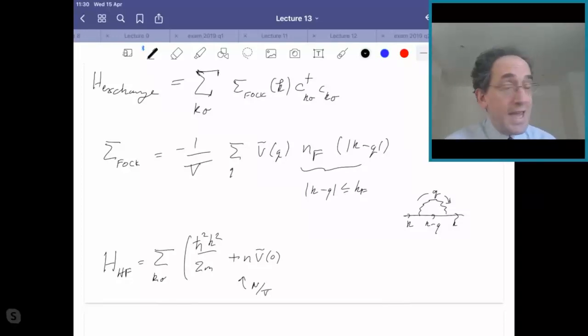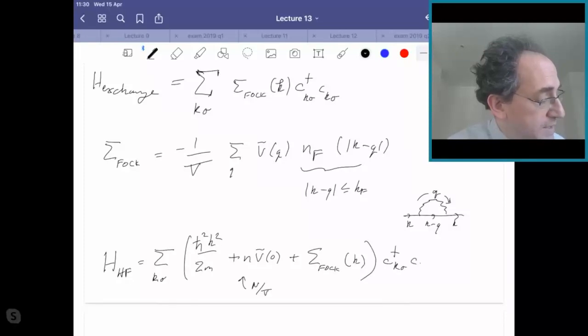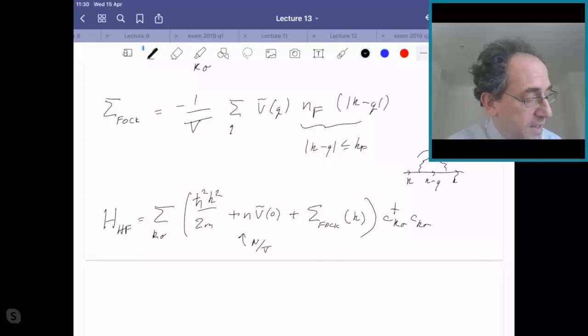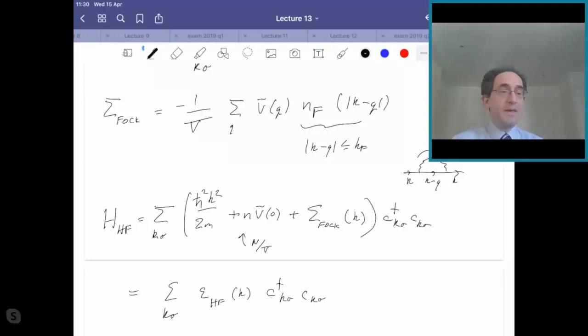And again, that term is canceled if you have a neutralizing background in the jellium model. And the interesting part is sigma Fock of k, and then c dagger k sigma c k sigma, which we can write as sum over k and sigma, energy Hartree-Fock of k, c dagger k sigma c k sigma. Okay, very simple form. Now this is kind of special.